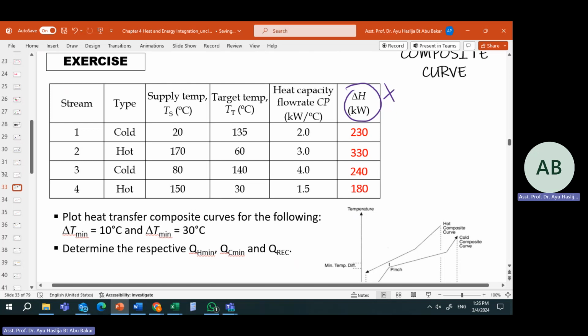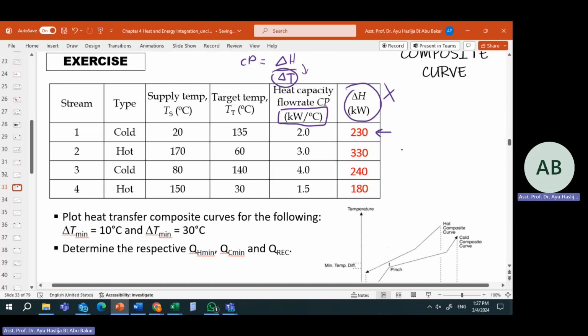From the CP, then change in temperature, correct. From CP over here, you see the unit kW over C. Okay, so CP over here is equal to delta H over delta T. Delta T here means the difference between supply and target.